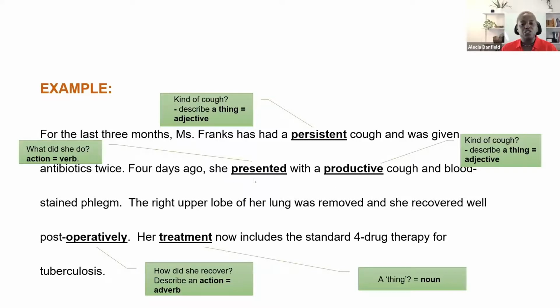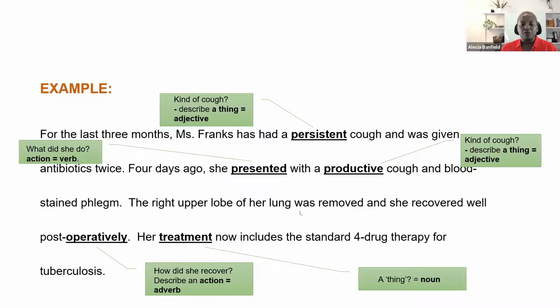So 4 days ago, she did something. So we're looking for a verb, an action. And it was 4 days ago, so we use the simple past tense. She presented with a productive cough and blood-stained phlegm. So we're looking for a word that describes her cough. A cough is a noun, so we're looking for an adjective. The adjective from produce is productive.